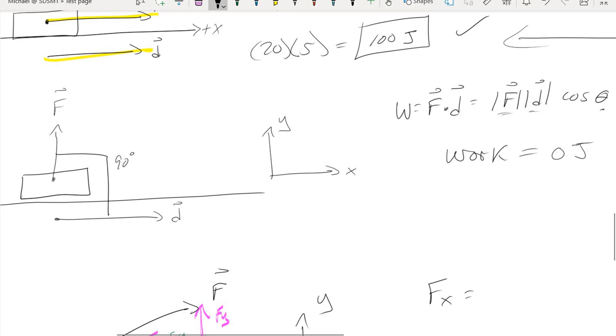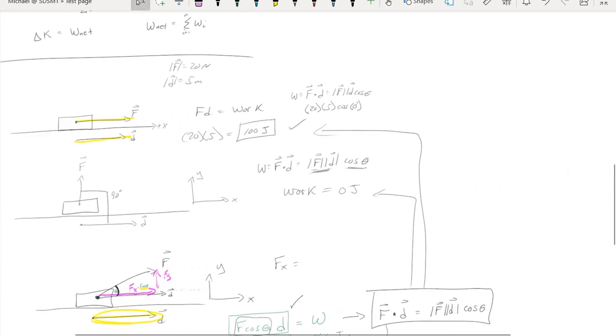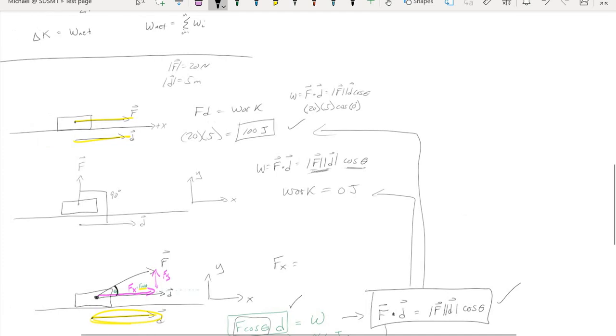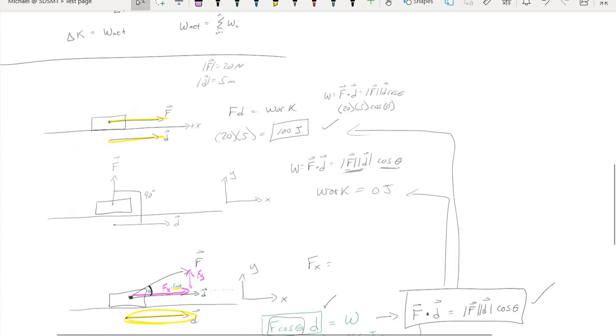It's 90 degrees. And cosine of 90 is 0, and so it really doesn't matter what this product is because we get 0 work. Our equation for the dot product works for any theta value. Well, we've only seen theta values between 0 and 90 degrees.